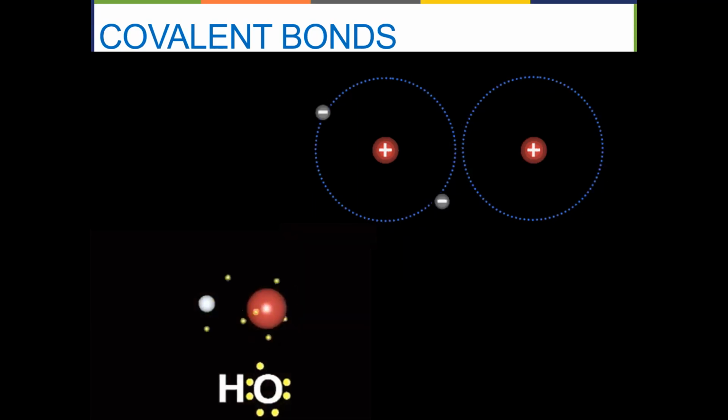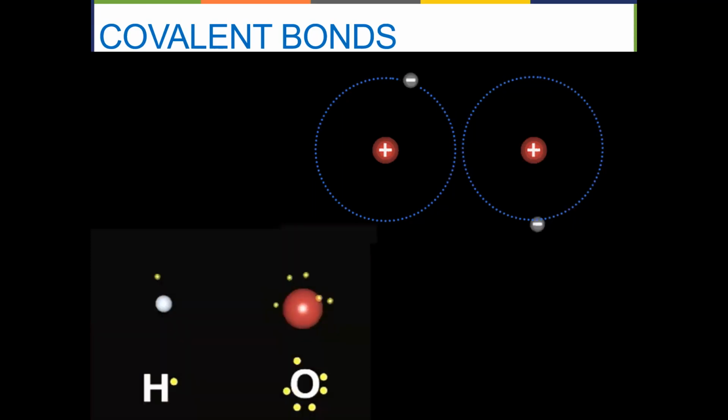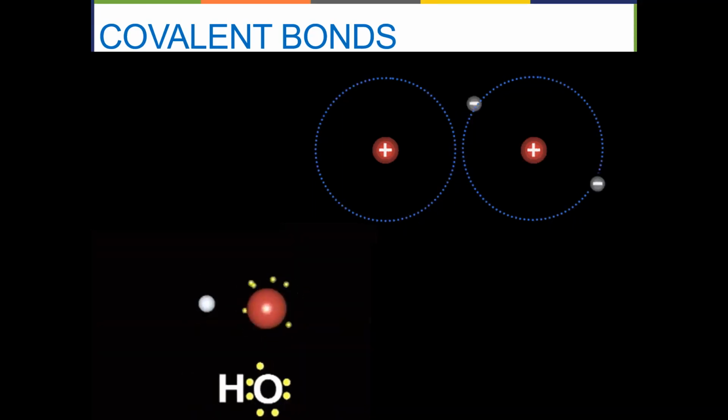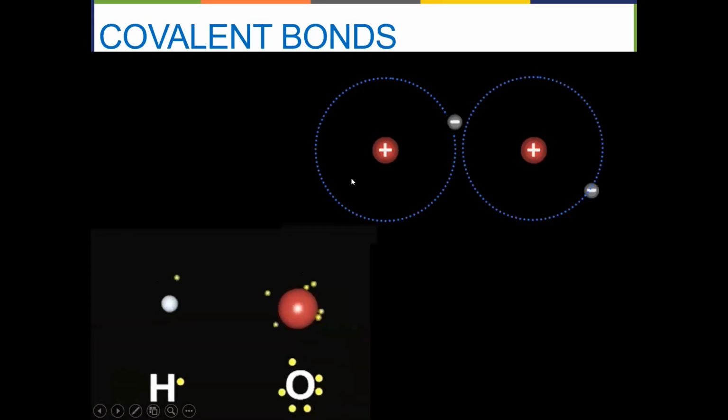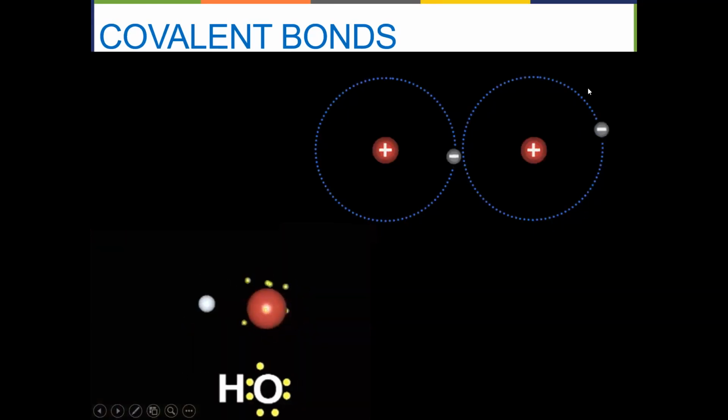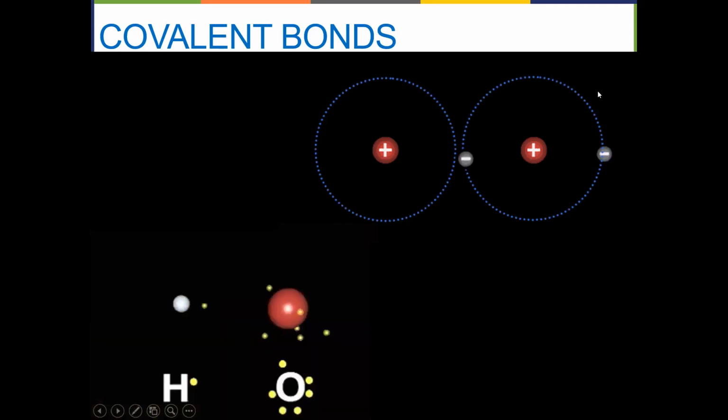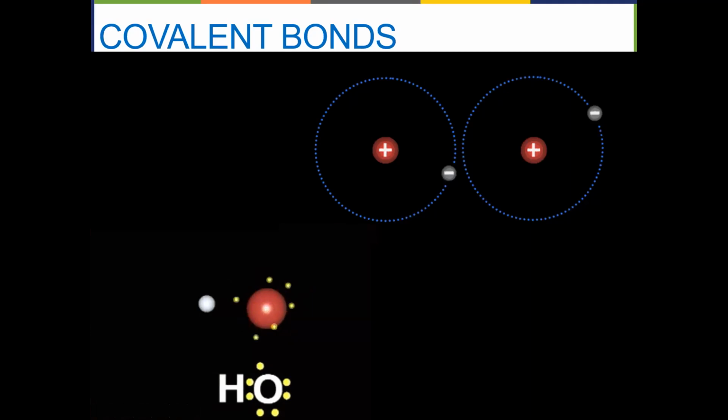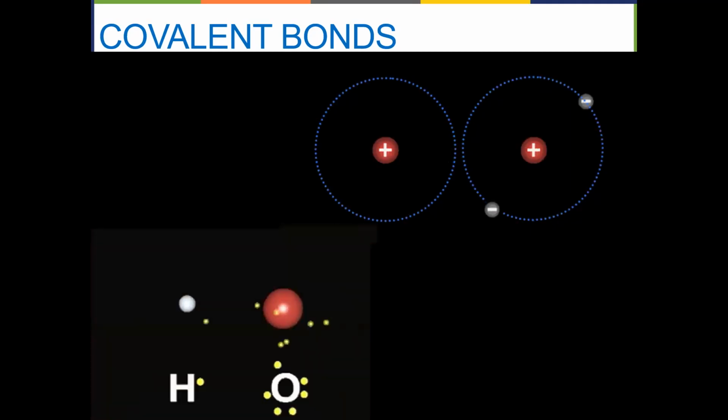Each nucleus of the 2 atoms joined in this molecule is sharing those electrons. So the electron here orbits around both this one and this one at the same time. And so at any given nanosecond, we have 2 electrons in the outer shell.